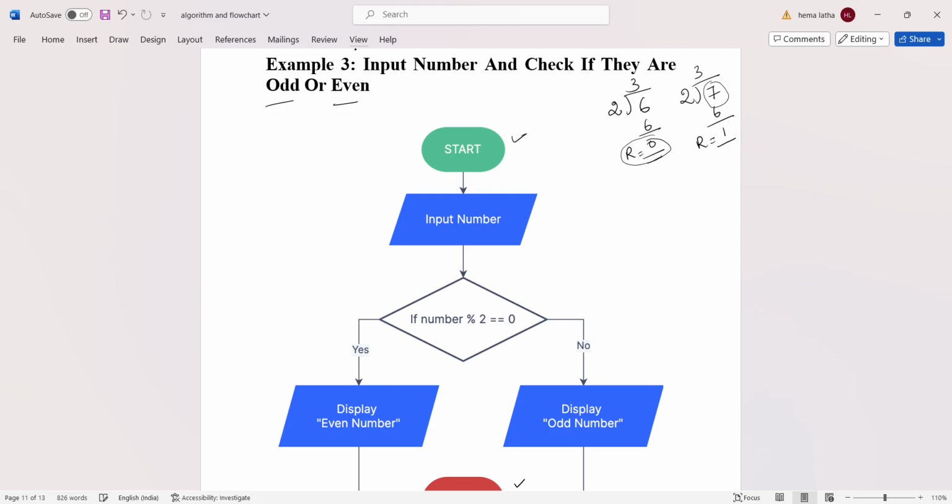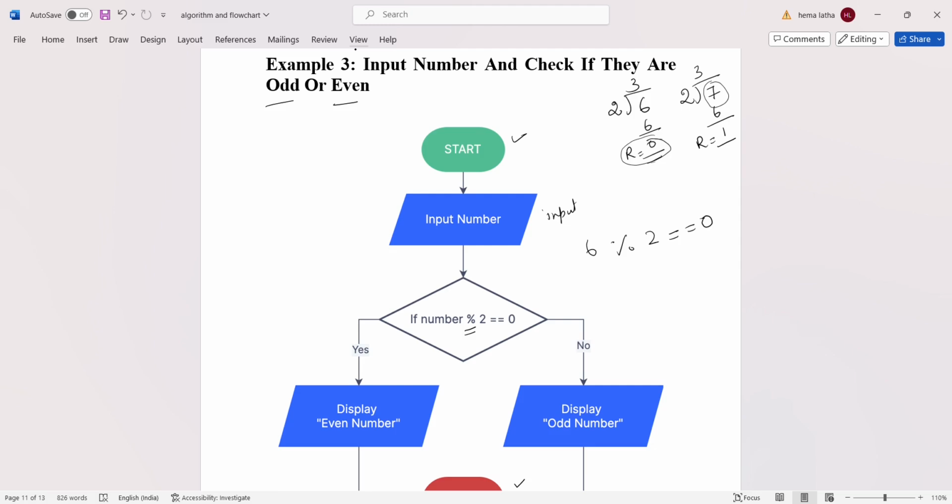See here, starting and this is the ending. Both will have the same symbol, oval symbol, and then input number, this is the input part, so we have to maintain the parallelogram symbol. And here the condition, that is decision making: the number modulo 2, the percent symbol represents the remainder. For example 6 divided by 2, modulo division, will give the remainder equal to 0.